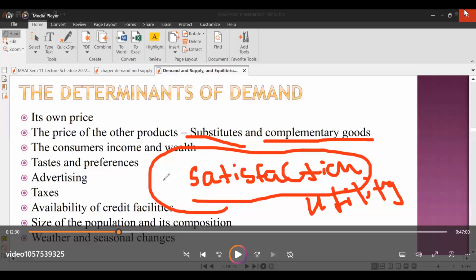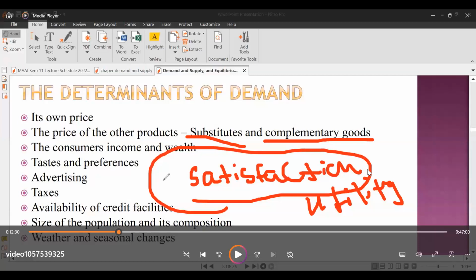So that may satisfy the same need. So that's why we identify them as substitutes. They satisfy the same need. What is the need? The real need is to go to a party. Either by wearing a frock or wearing a skirt and blouse, we can participate in the party.